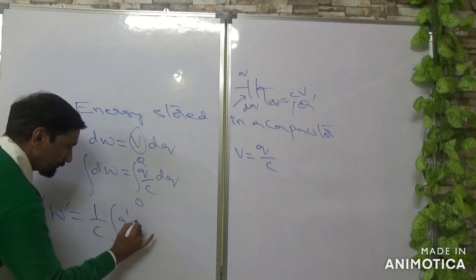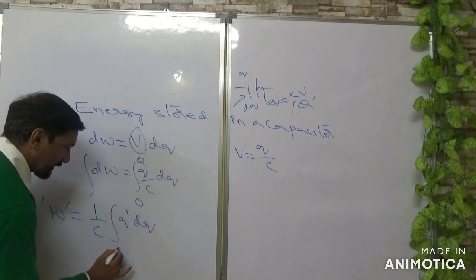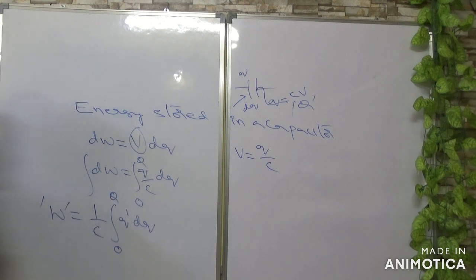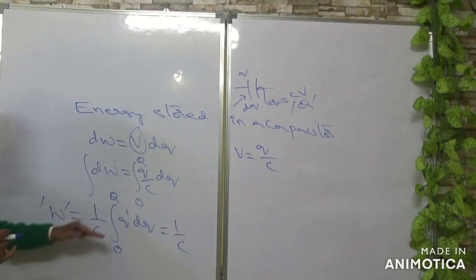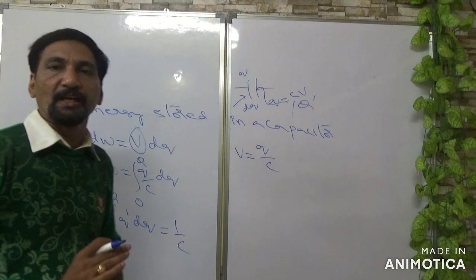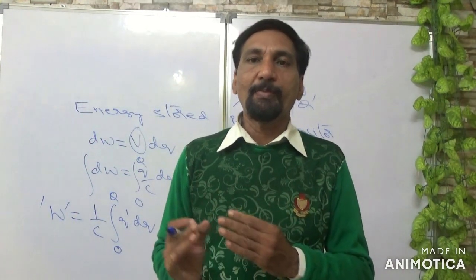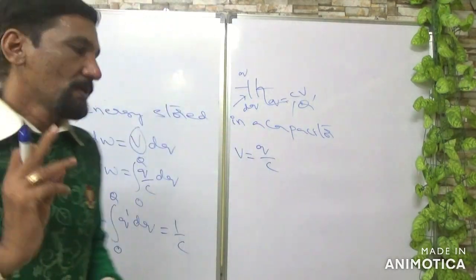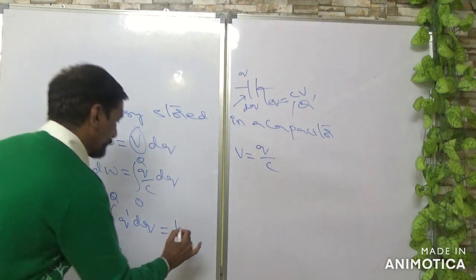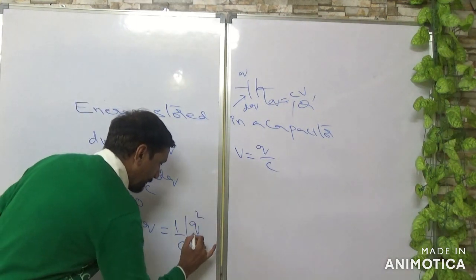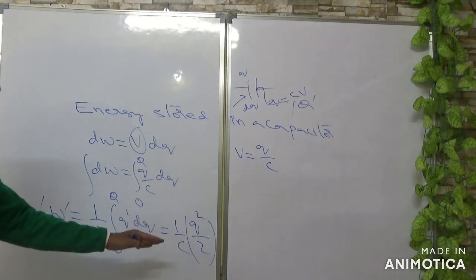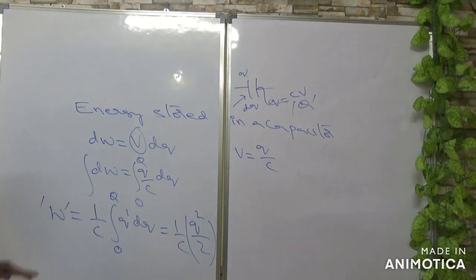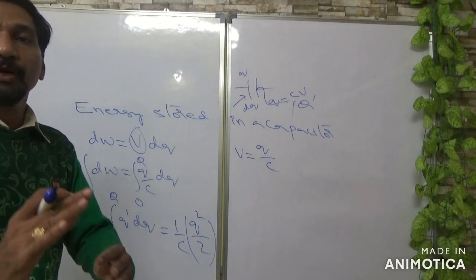So Q power 1 dq between the limits 0 to Q. The integration formula: x power n dx is always x power n plus 1 by n plus 1. Here the power is 1, so you get Q square by 2. So 1 by C into Q square by 2 will give us the total work done.